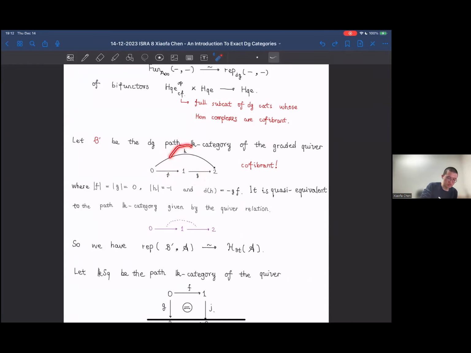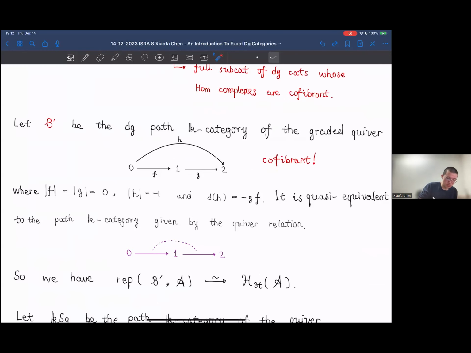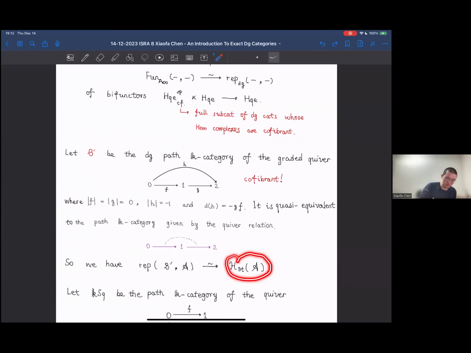So it's a cofibrant DG category, and is quasi-equivalent to the path category that we begin with, two arrows and vanishing composition. So our category of three-term homotopy complexes over A will be equivalent to this category of representations up to homotopy from this DG category B prime to the DG category A.